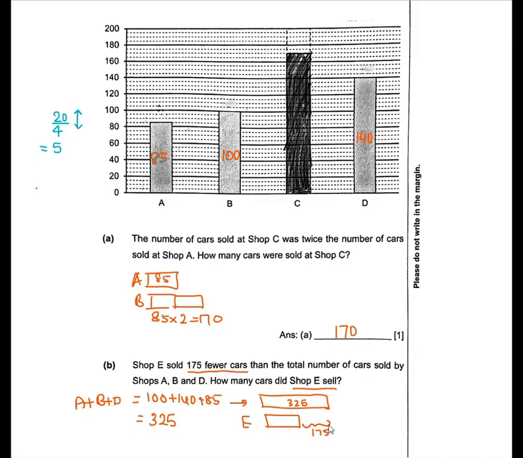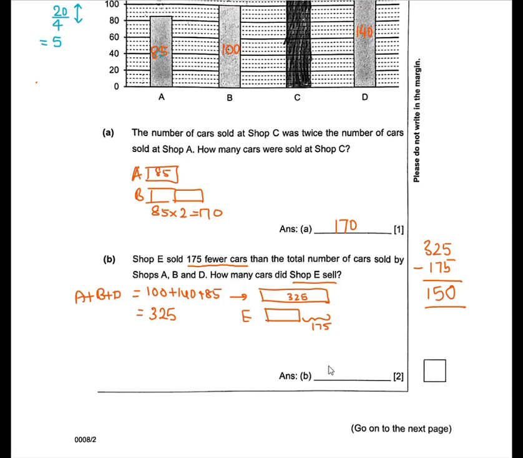So 325 minus 175, that will give the number of cars sold in shop E. So 5 minus 5 is 0. 12 minus 7 is 5. 2 minus 1 is 1. So in shop E, 150 cars were sold. So the answer here is 150.